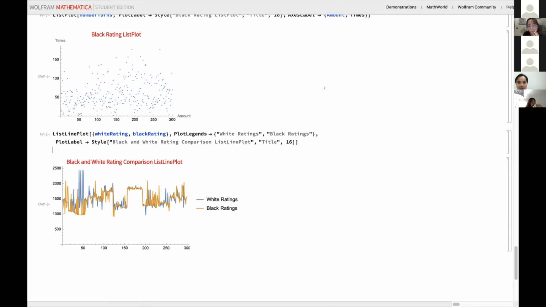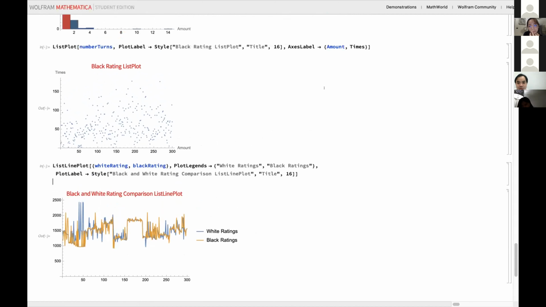You can ask some complicated question that ties in different aspects, like maybe whether young players are more likely to use Queen's Gambit as the opening move, and what's most likely to be the twists and turns and different strategies and so forth.